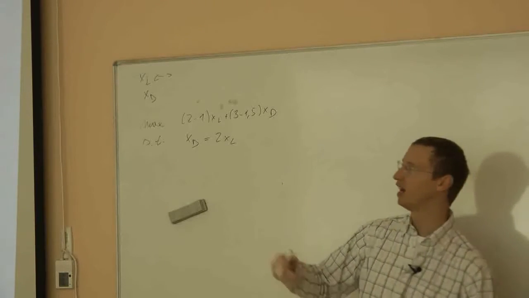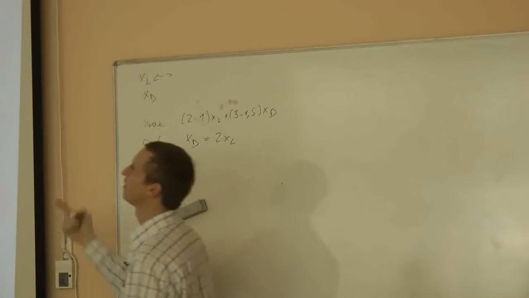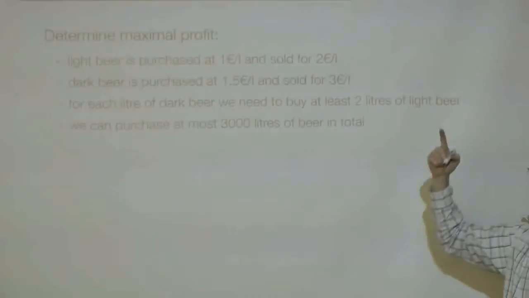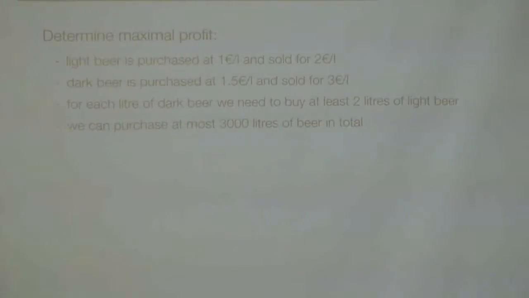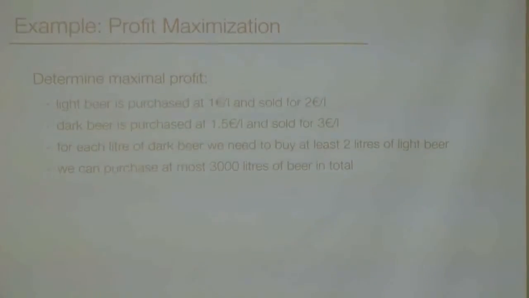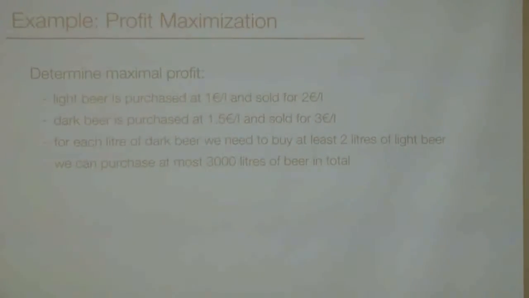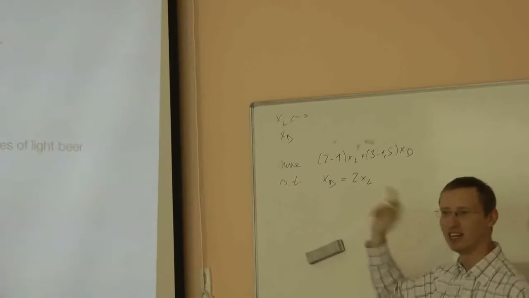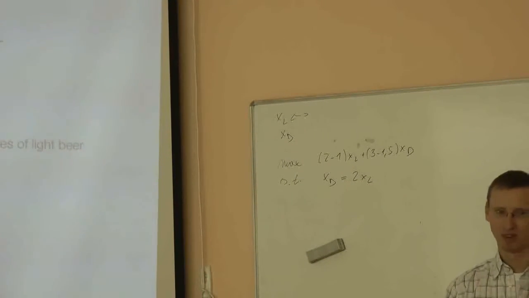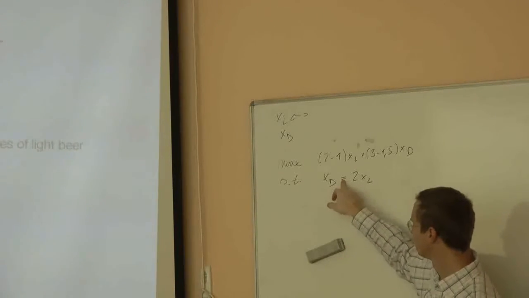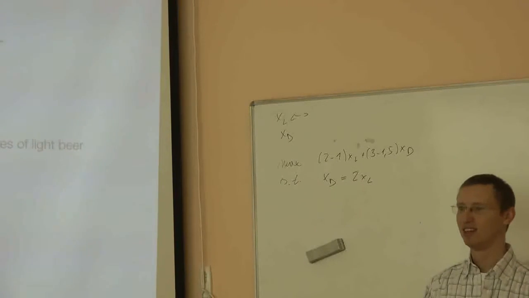But I don't need to buy exactly that amount, but at least 2 liters of light beer per 1 liter of dark beer. So the devil is in the details. In other words, this constraint would not be an equality constraint, it would be an inequality. In which direction? Would this be a greater or smaller sign?